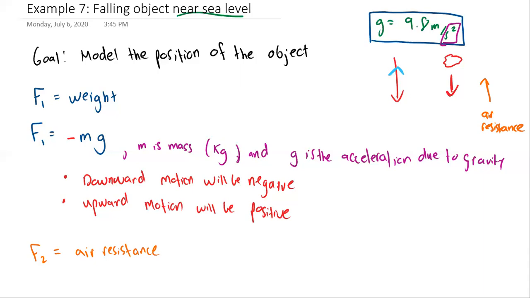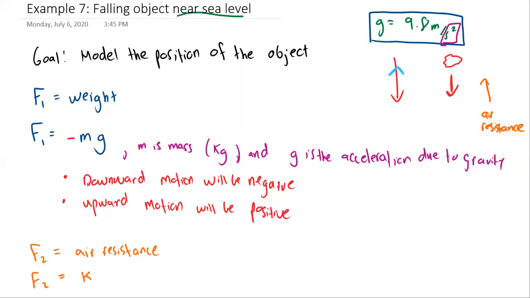Now, we want to be able to write this mathematically, kind of like we did with weight. And in fact, there's a way to do this. It's okay if you don't know. It's something I don't expect you to know. But in a lot of cases, specifically in a case like this, when we're modeling one-dimensional motion near sea level, we can actually assume that the air resistance is proportional to the velocity of the object.